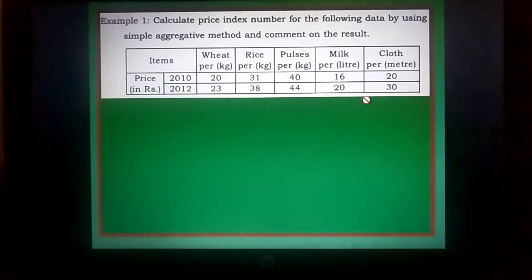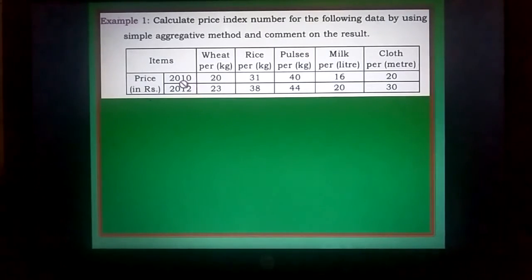It has been asked to calculate the simple aggregative method price index number. You can observe here the price index number is to be calculated based on the simple aggregative method. So which is the base year here? 2010 is the base year and 2012 is the current year.